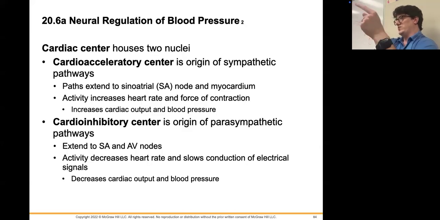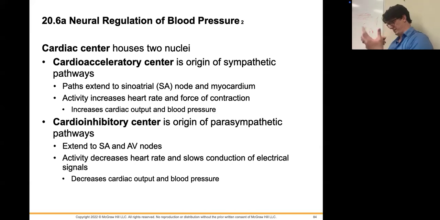We're going to do this in one of two ways. We can accelerate things. Say we sense that oxygen levels are getting low, or that pressures are getting low. We can increase cardiac output and thus increase blood pressure, increase heart rate, increase force of contraction, so that we can get higher pressures and more output, right? Because things are low.